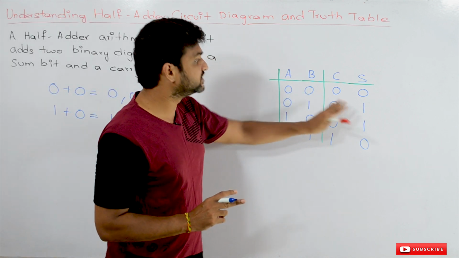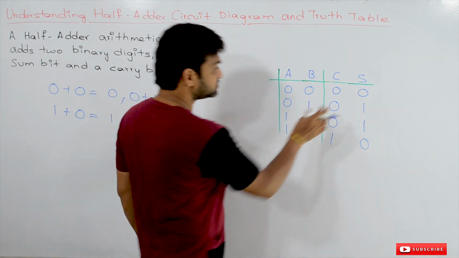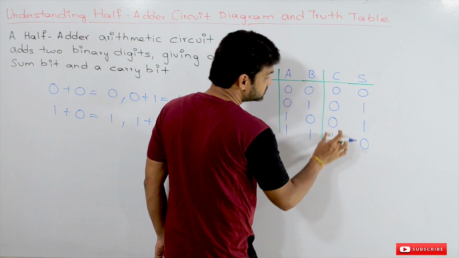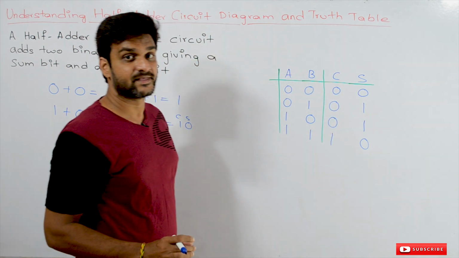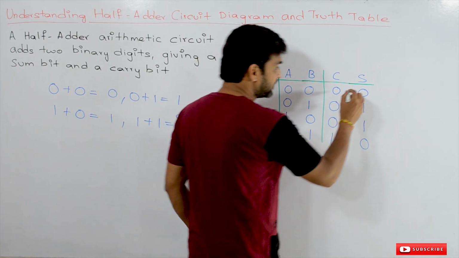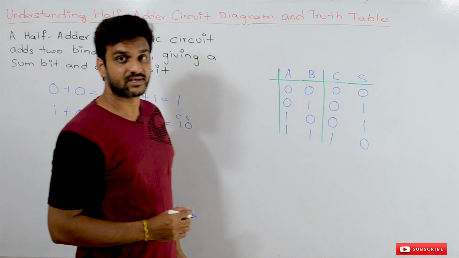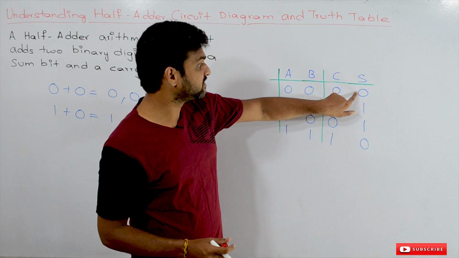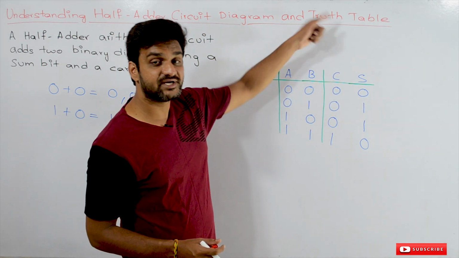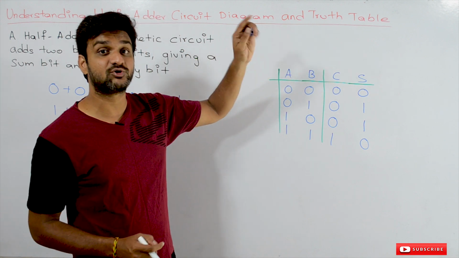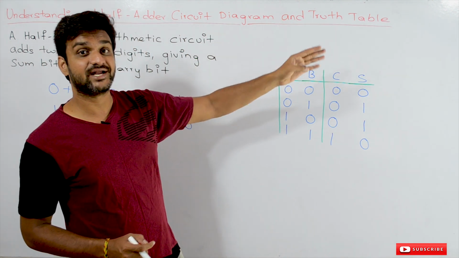When we do this, these are the values produced for sum, and these are the values produced for carry. If you closely observe the values of sum, how do they resemble something we already discussed in our previous section on logic gates and Boolean algebra?